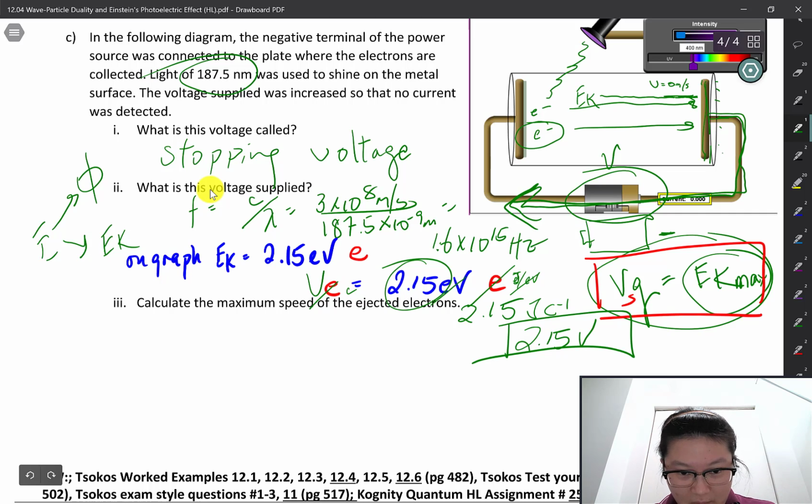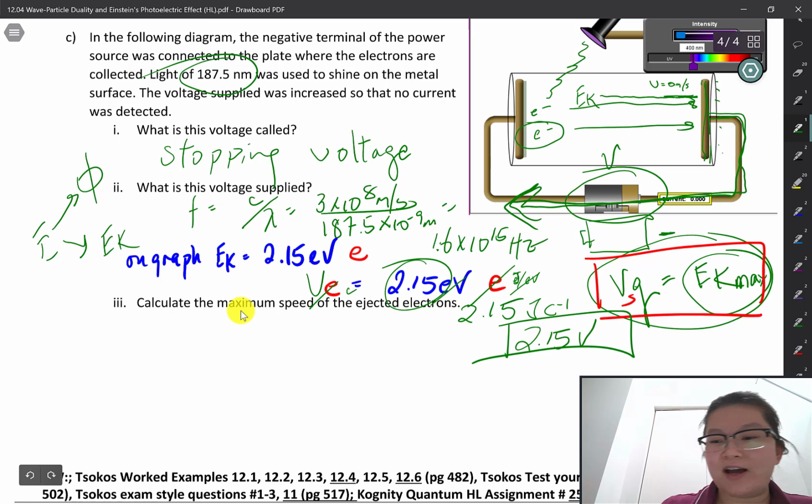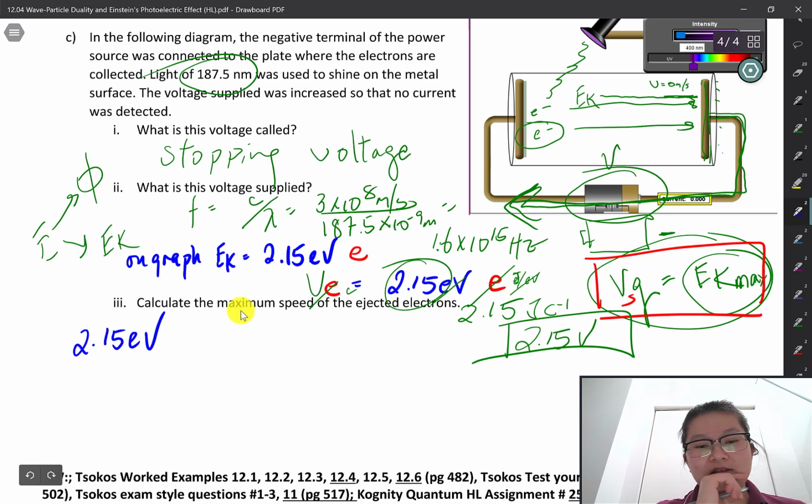Okay, so now we want to calculate the maximum speed of these ejected electrons. So now we know the stopping voltage. We have the maximum kinetic energy, which is 2.15 electron volts. We want to use this to figure out the speed of these electrons.